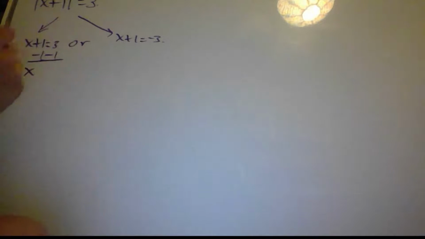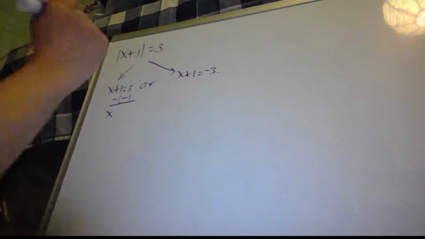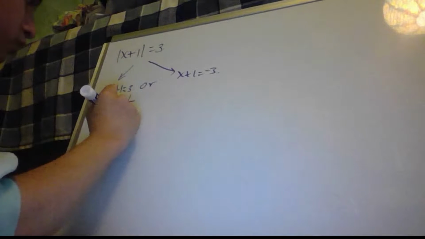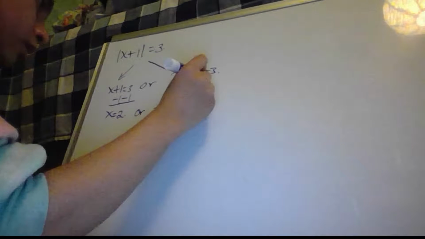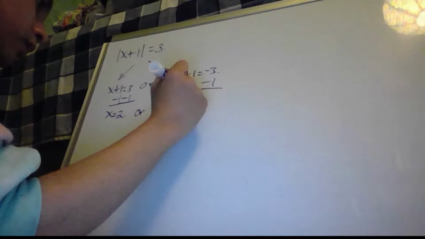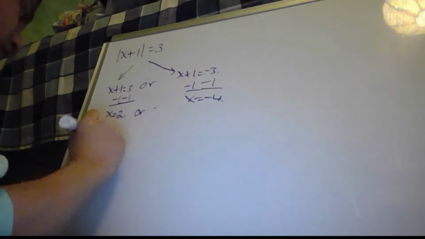You solve each one for x, so it's going to be x equals 2, or x equals negative 4.